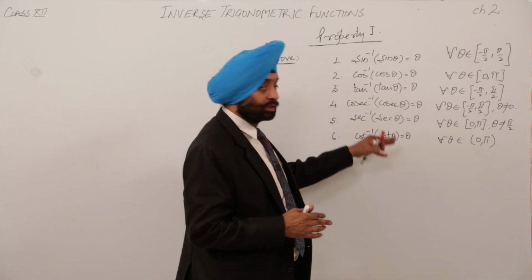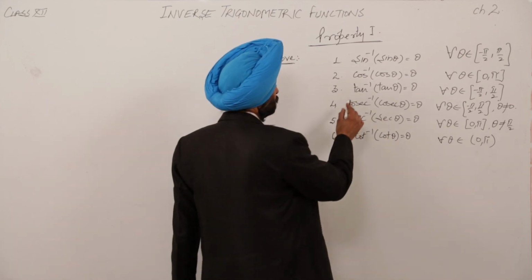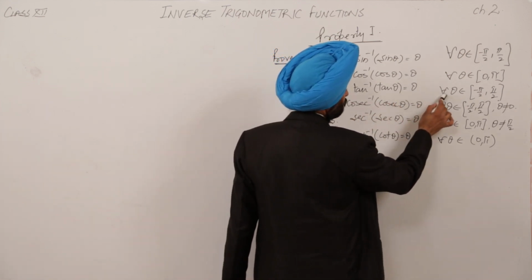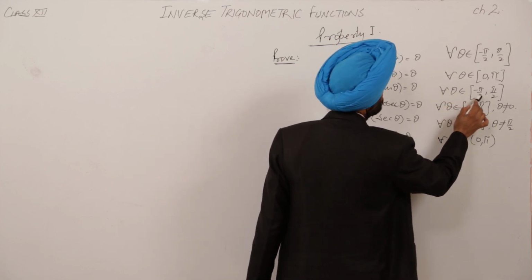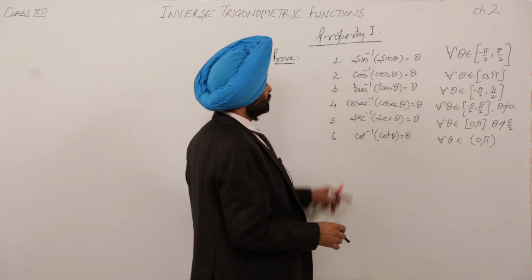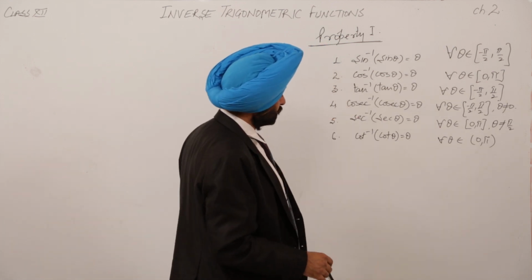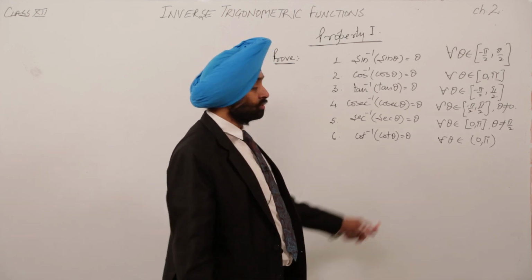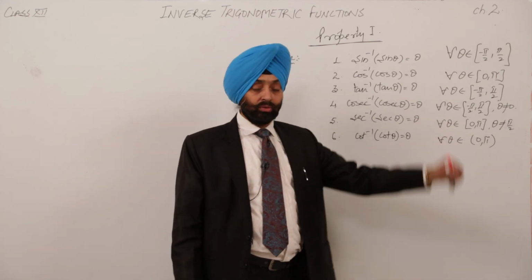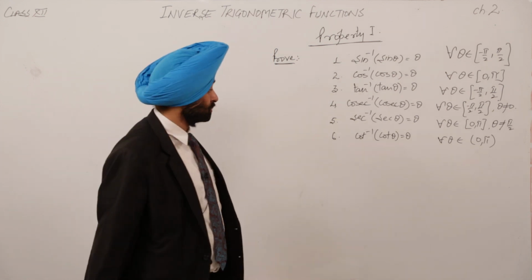Similarly, all 6 were explained. Now tan inverse tan theta is equal to theta for all values of theta where theta belongs to minus pi by 2 to pi by 2. Similarly, cosecant inverse cosecant theta is equal to theta where theta belongs to minus pi by 2 to pi by 2 and theta should not be 0.